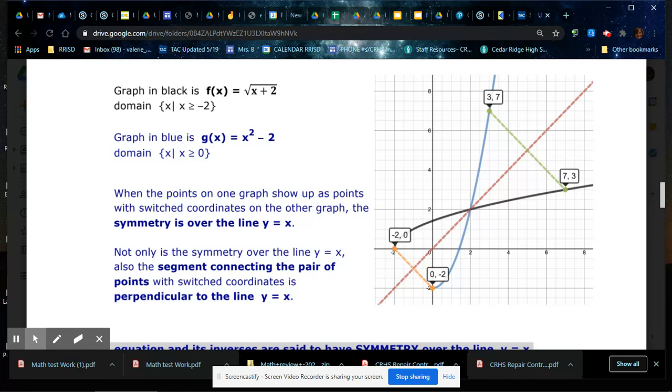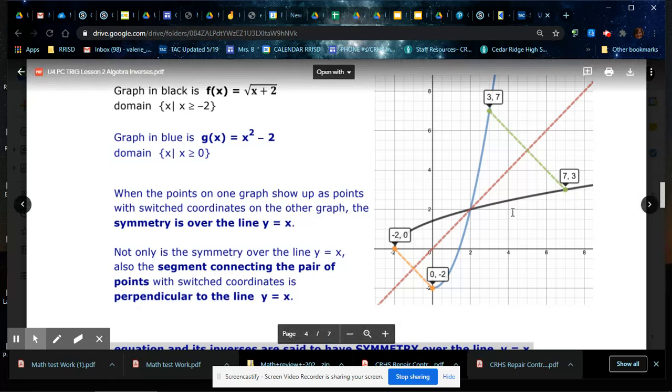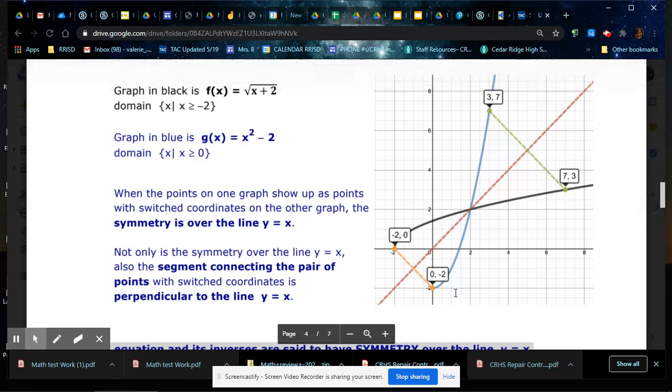All right, so this is a big deal. We're going to expect you to know all of these little points. So here, point 1, the x and the y coordinates are switched on inverses, right? You see that here, (0, -2) becomes (-2, 0), etc. Not only that, let's look at the domain and range of each of these.